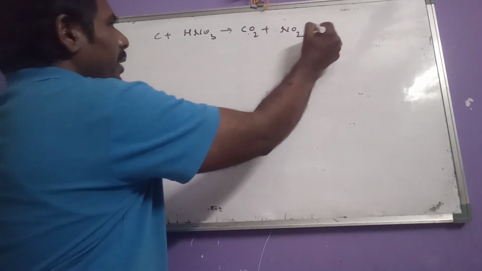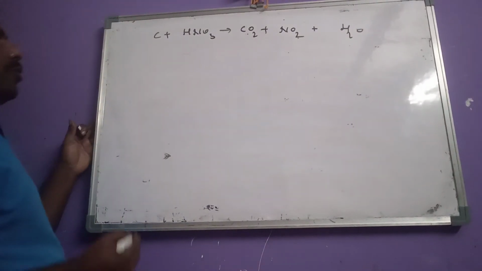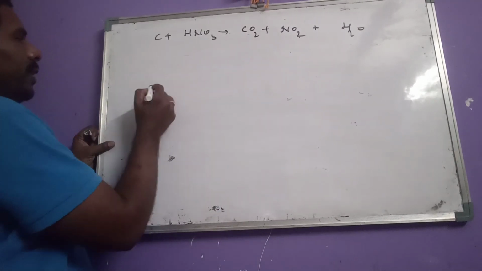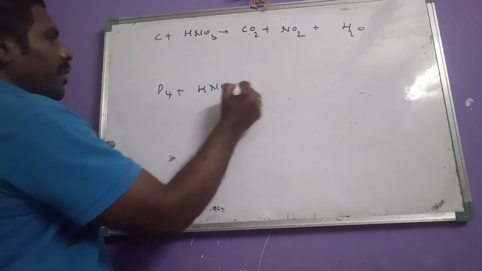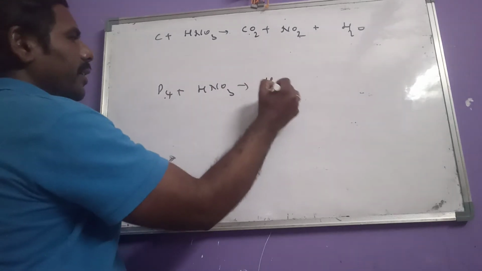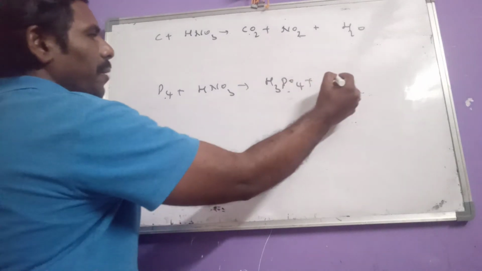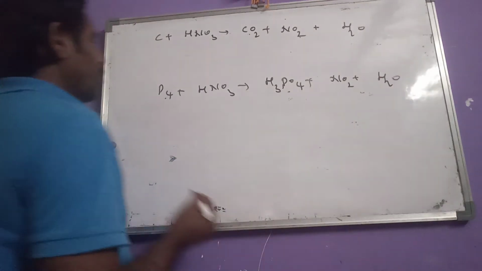And byproducts we have to remember in every case as NO2 and H2O. How to balance that equation? Let us see. Okay, then phosphorus plus HNO3. Now phosphorus on oxidation gives H3PO4. This we have to remember. Byproducts as it is same, NO2 plus H2O.